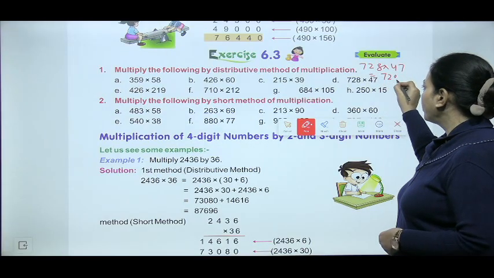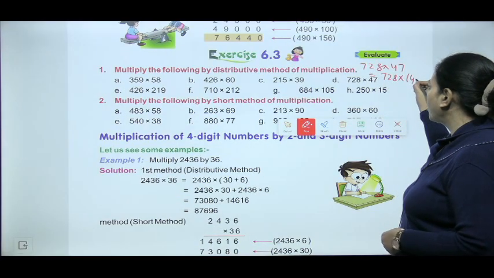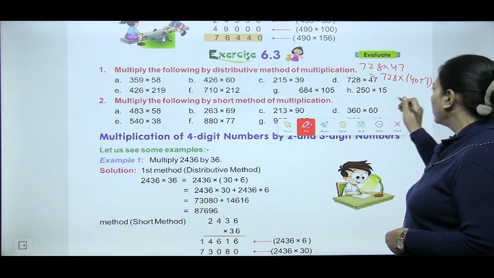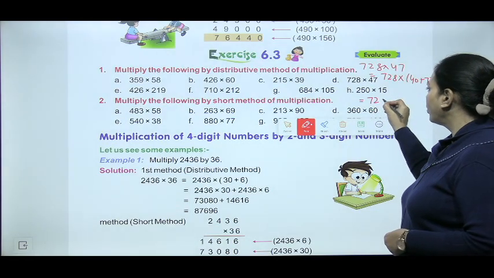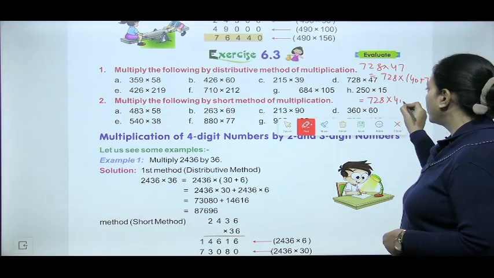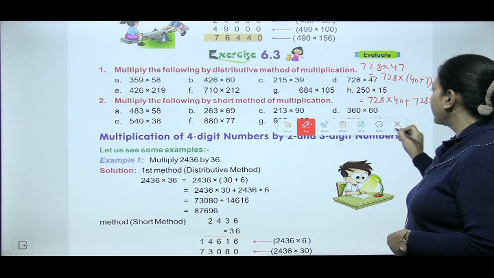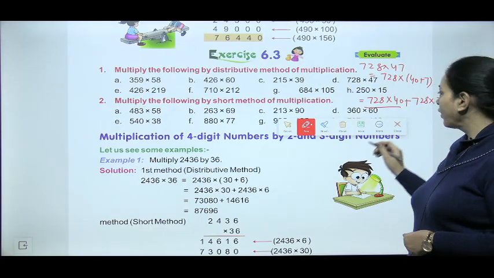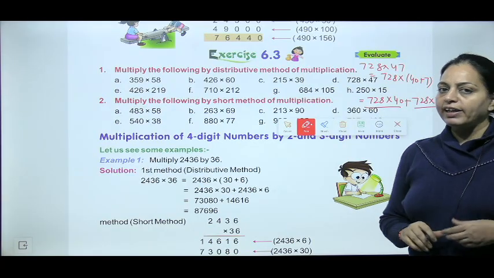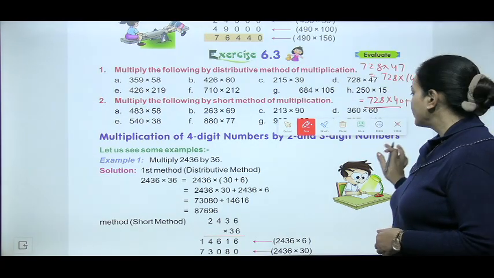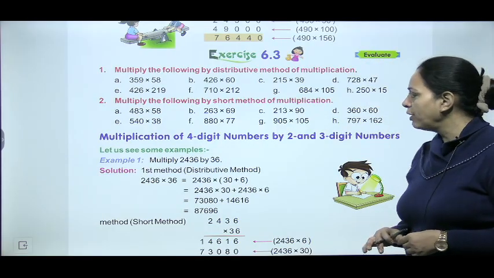So 728 multiplied by 40 plus 7. So what will you do? 728 multiplied by 40 plus 728 multiplied by 7. Multiply these two and then we can add them. Okay, similarly you can try the remaining parts.